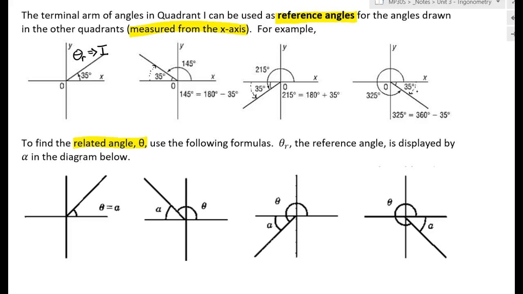So reference angle is always, always, always from the x-axis, no matter which quadrant you're in. And so you see the math down here. When we're dealing with quadrant 2, we're always going to be subtracting our reference angle from 180. Because we're going to 180, that's our x-axis, and then going backwards from it, clockwise.